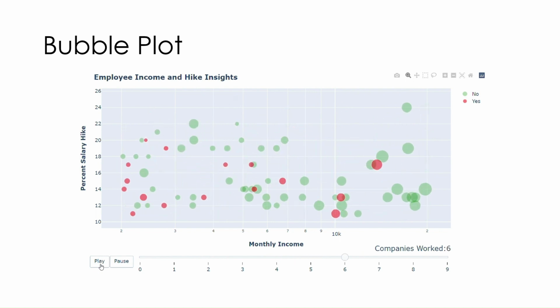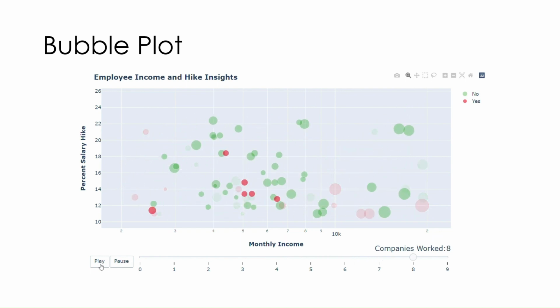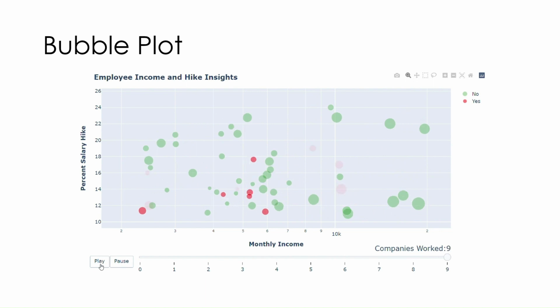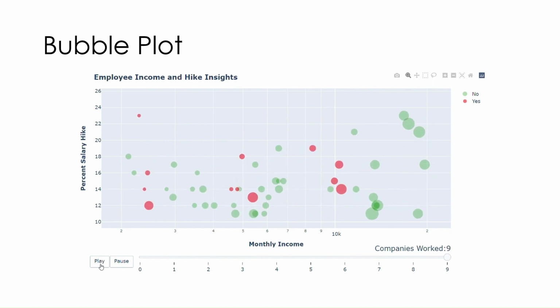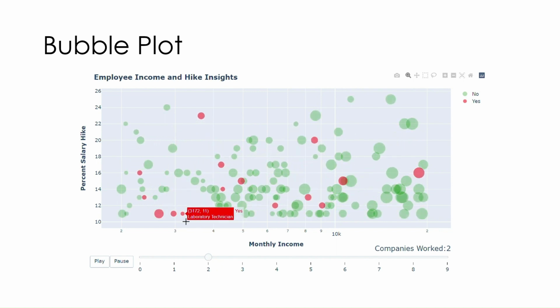The size of the circle is governed by the total work experience, and also animation is added, which then adds another feature into the plot. And the colors have been used to distinguish between the iteration labels.